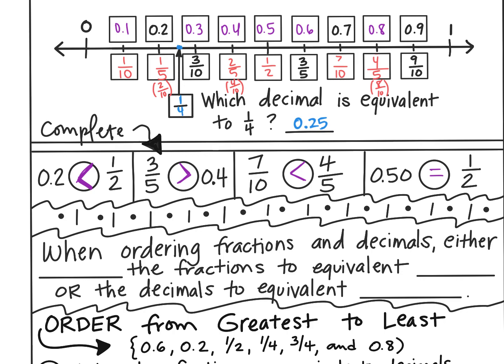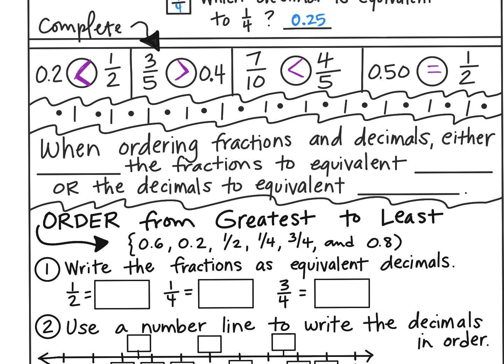Okay, so this is what I was just talking about a second ago. When we order fractions and decimals, I now have more than two numbers and it gets a little more tricky to keep everything straight. We either want to convert, which means change, but it's a word that you need to know.